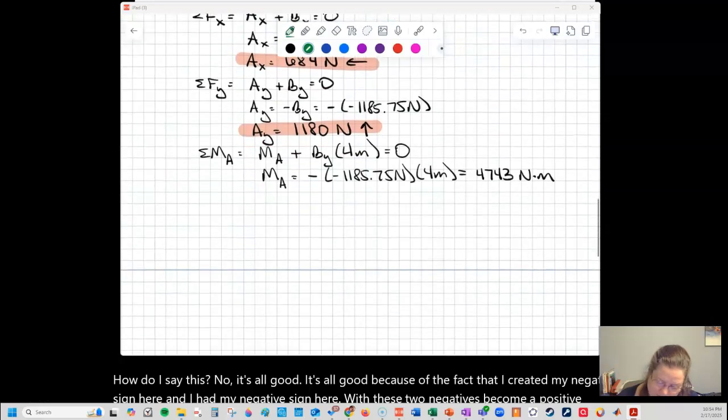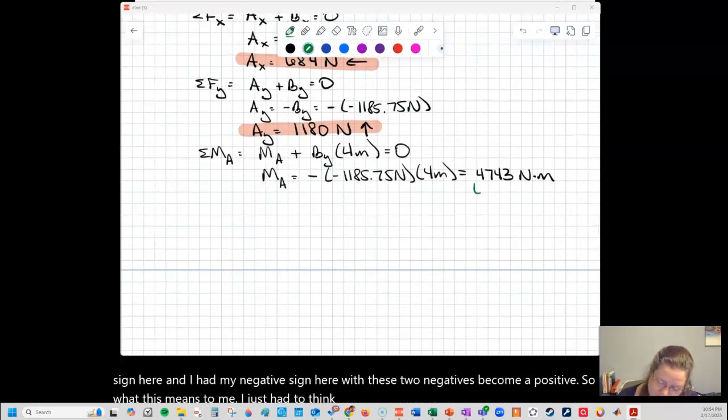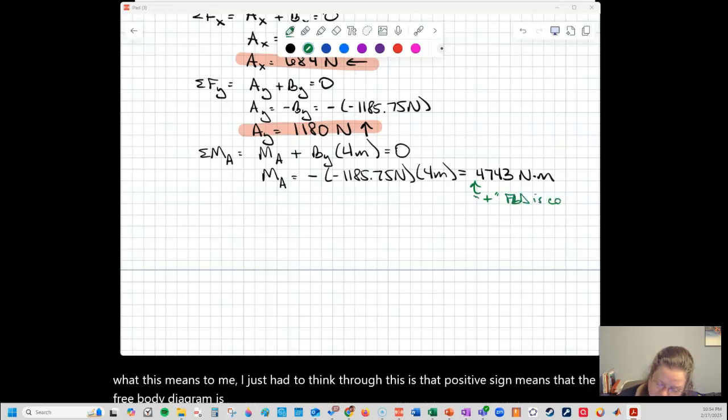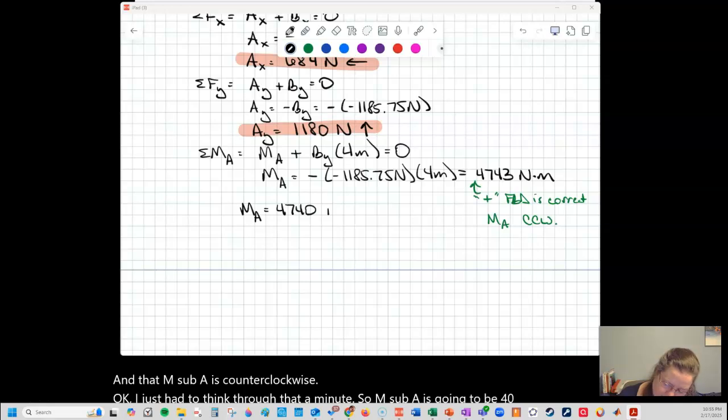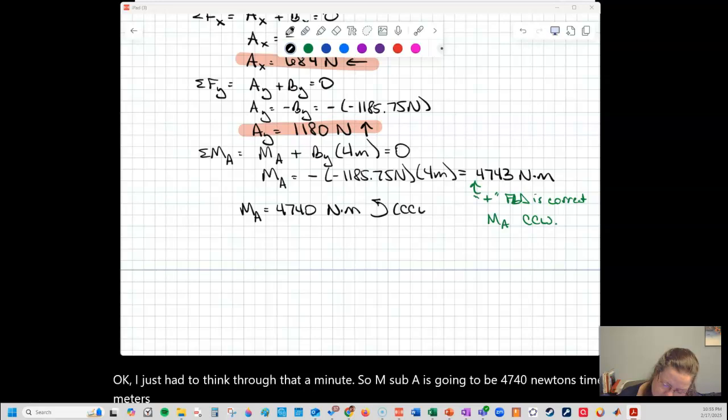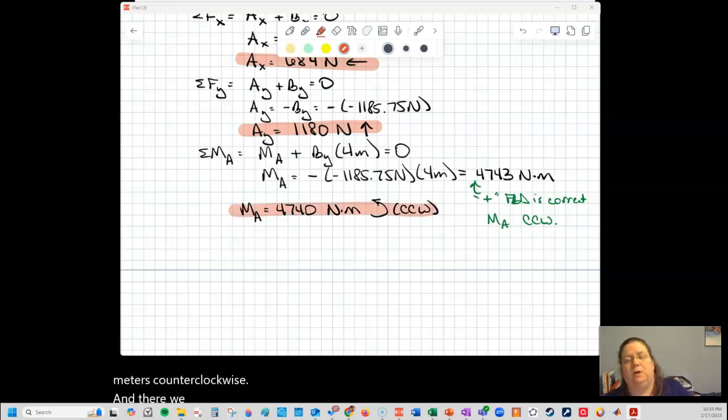So what this means to me, I just had to think through this, is that that positive sign means that the free body diagram is correct and that M sub A is counterclockwise. Okay, I just had to think through that a minute. So M sub A is going to be 4740 newtons times meters counterclockwise. And there we go. All right.